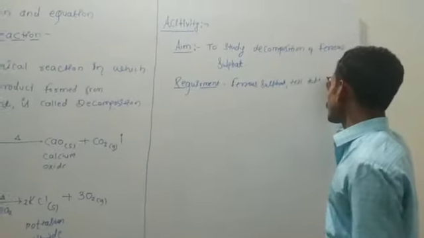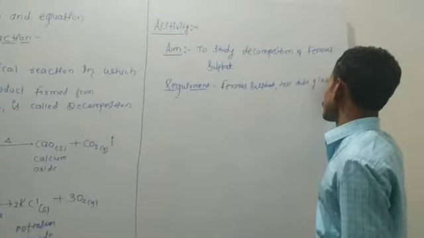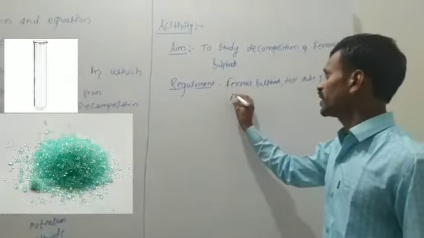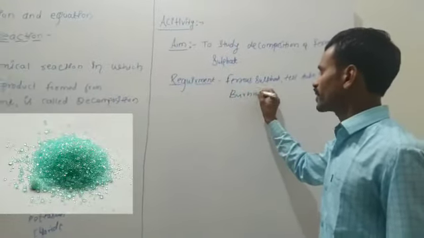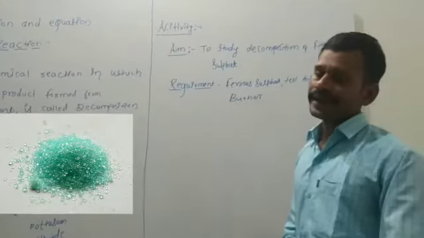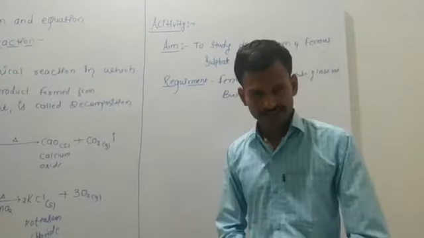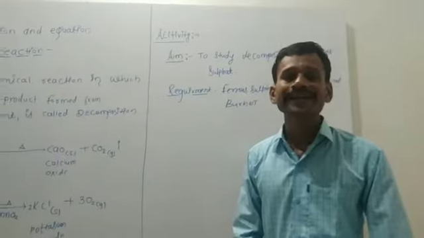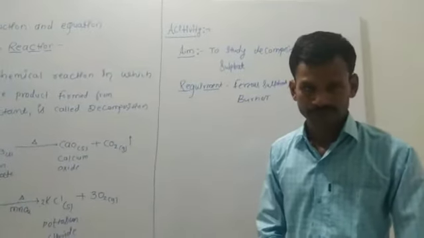We also require, second, a test tube. We also require a glass rod in this reaction. Then a burner is again required in this chemical reaction. So these are the requirements related to this activity.